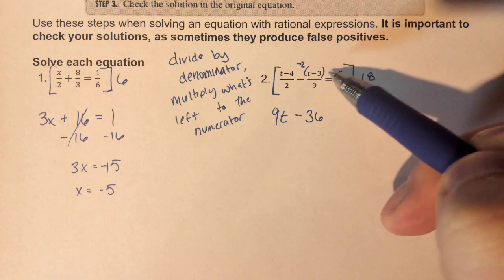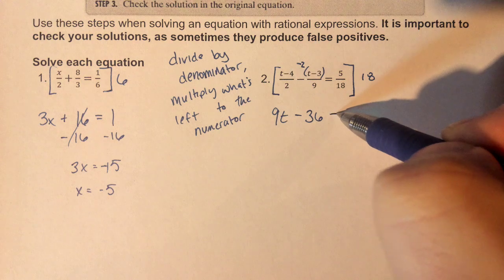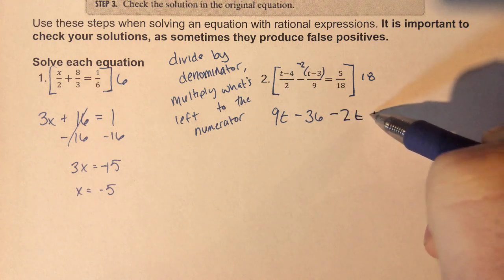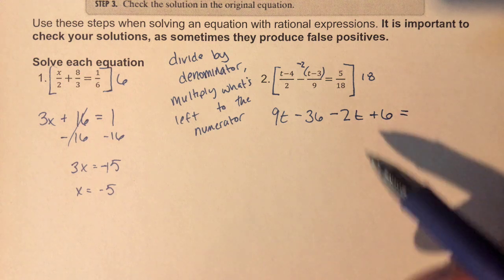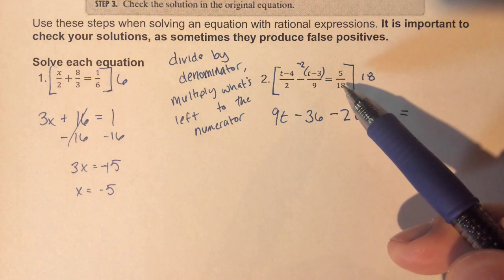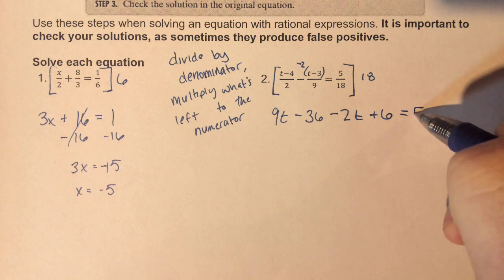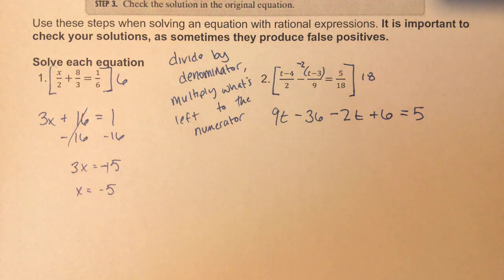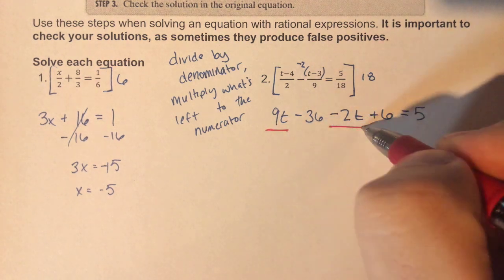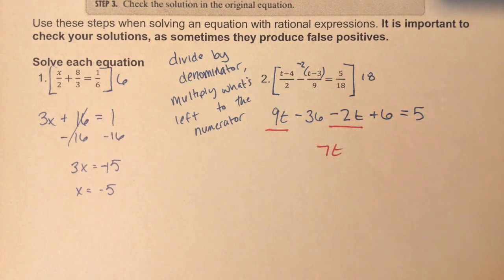So we're going to distribute a negative 2 there, which is going to give us negative 2t and positive 6. I've got my equal sign, and then 18 divided by 18 is 1. 1 times 5 is 5. And then again, nice and easy equation to solve. We'd want to start by combining those like terms. I've got 9t minus 2t, that is 7t.